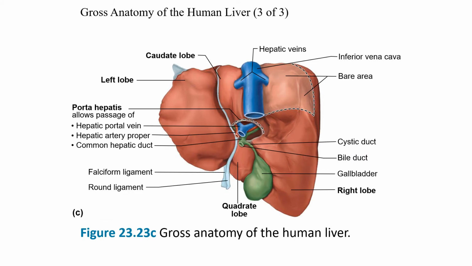All right, draw a line in your notes and write down liver. Going to talk about the liver now. You learned about the anatomy of the liver. What I want to point out to you here is the hepatic portal vein.